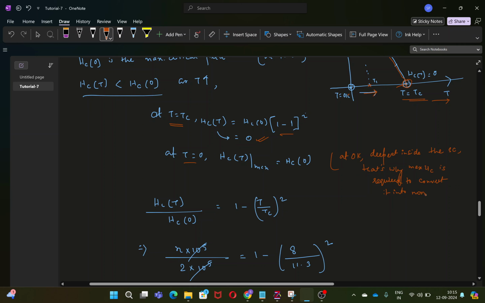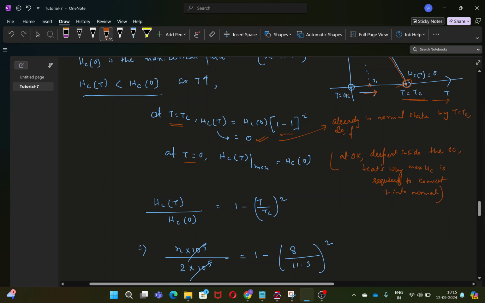into normal state. But at T equal to Tc, when it is already at the transition point, that means it is already at the verge of going from a superconductor to a normal state. So it is already in the normal state by T equal to Tc.